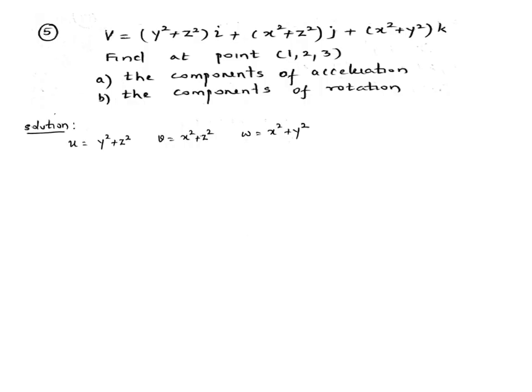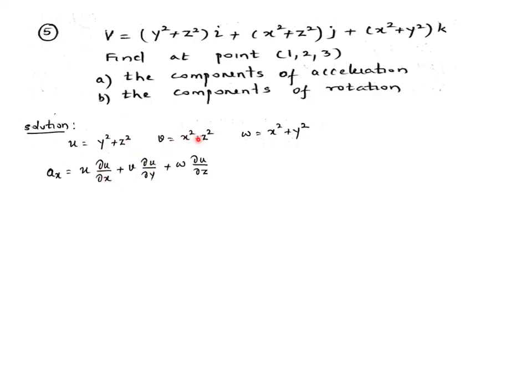Then you take up the equations for the components of acceleration, that is ax, ay, and az. You know that ax is u ∂u/∂x + v ∂u/∂y + w ∂u/∂z. Substituting u, which is y² + z², ∂u/∂x has no x term, so it will be 0.